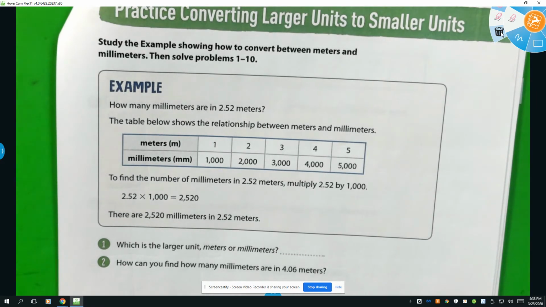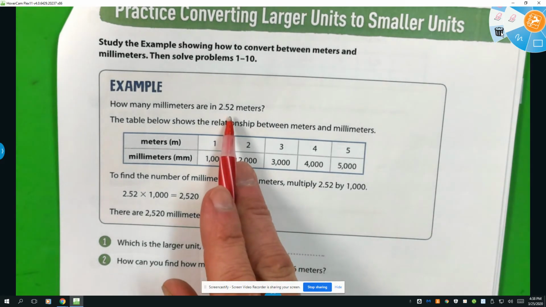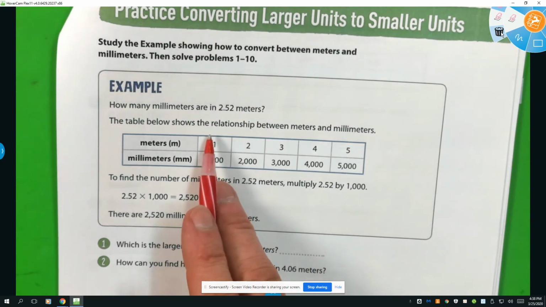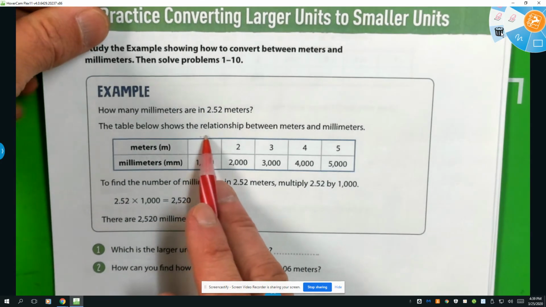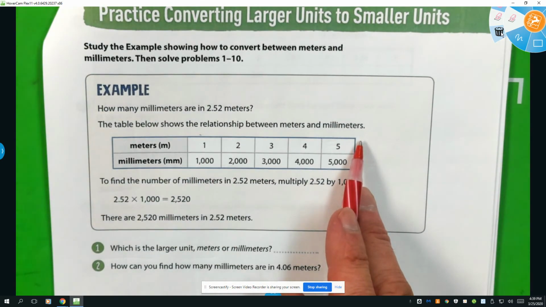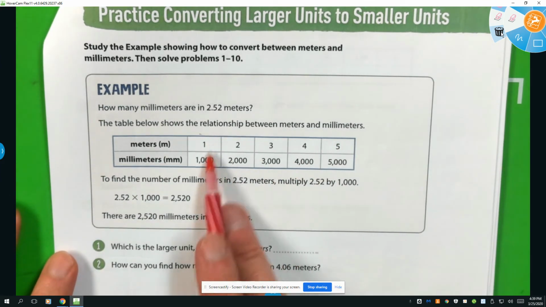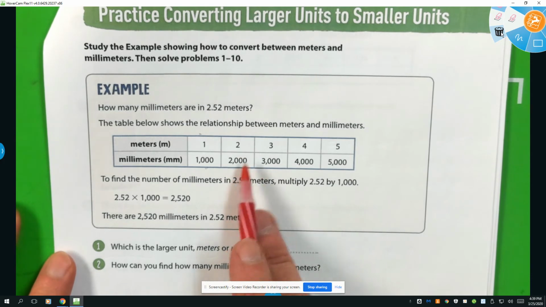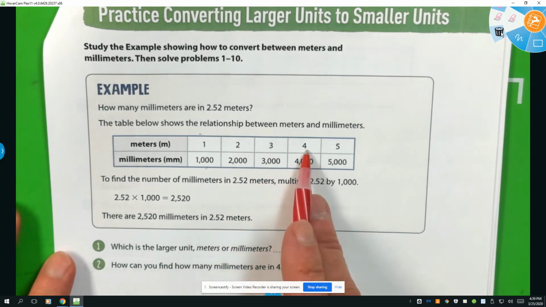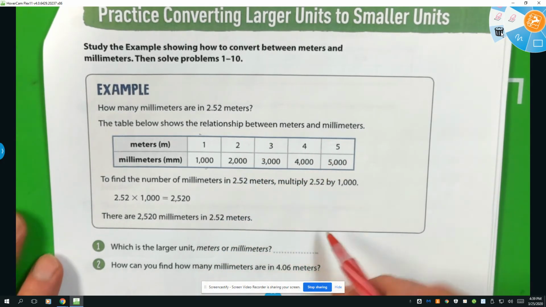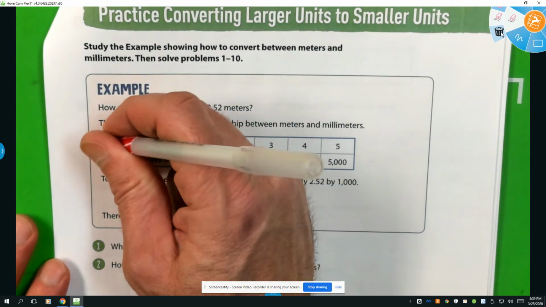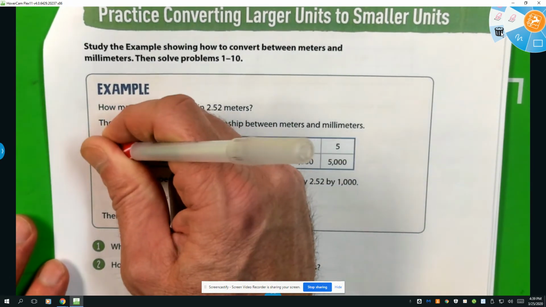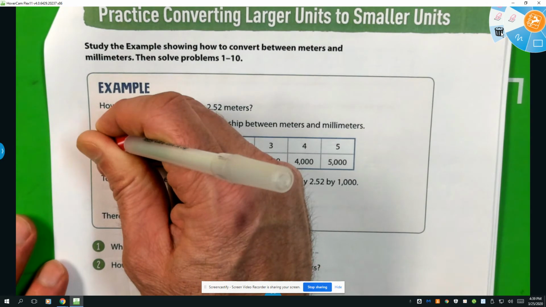How many millimeters are in 2 and 52 hundredths meters? The table shows the relationship between meters and millimeters. So 1 meter, 1,000 millimeters. 2 meters, 2,000. 3, 3,000. 4, 4,000. 5, 5,000. So here is X, here is Y, okay?